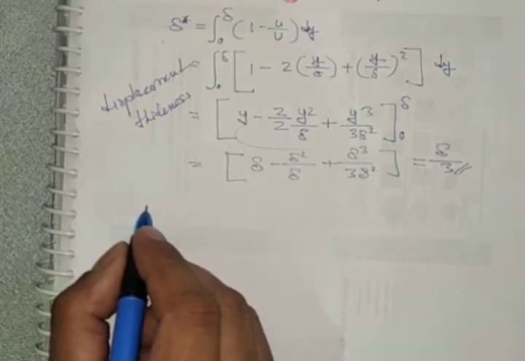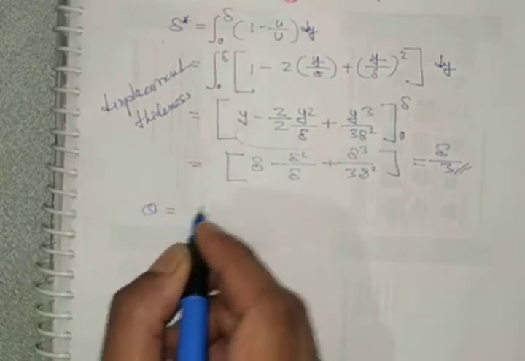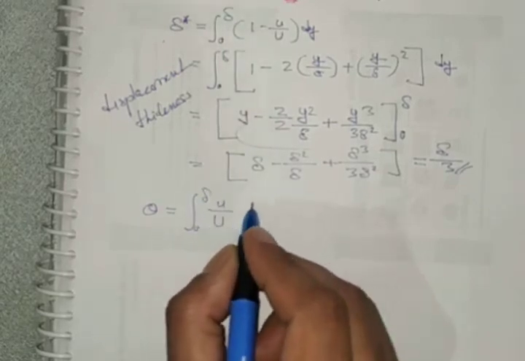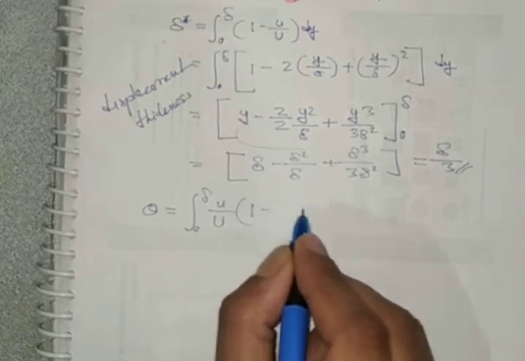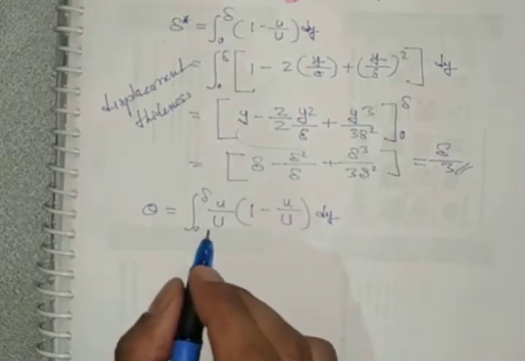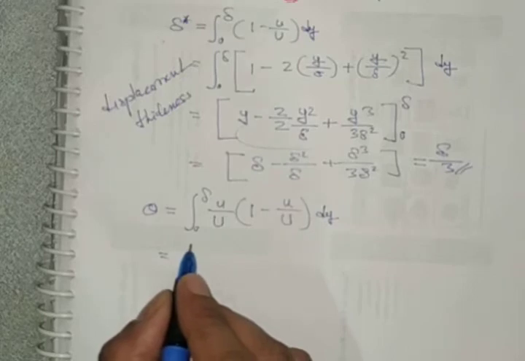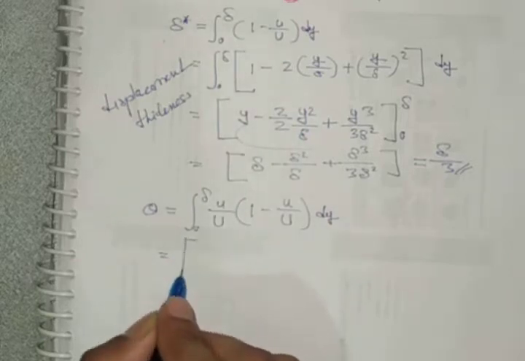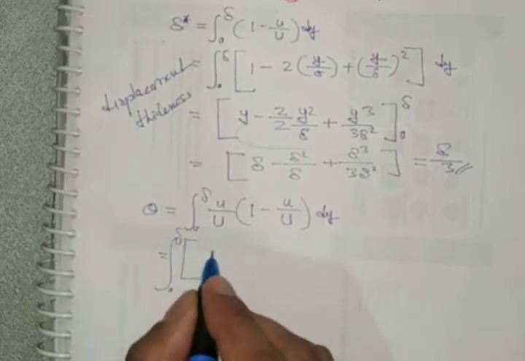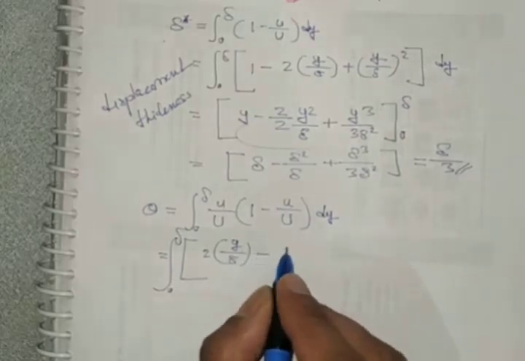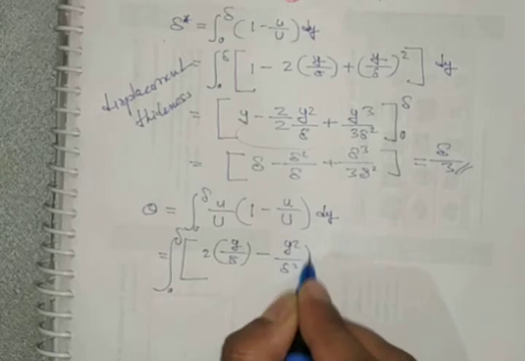So let's come to momentum thickness. The theta is the integration of 0 to delta, small u by capital U into 1 minus small u by capital U, dy. So if I put the value here, u by capital U means 2 y by delta minus y square by delta square.